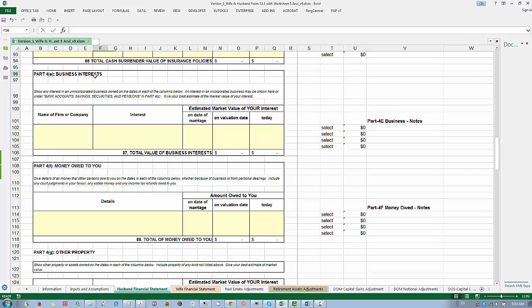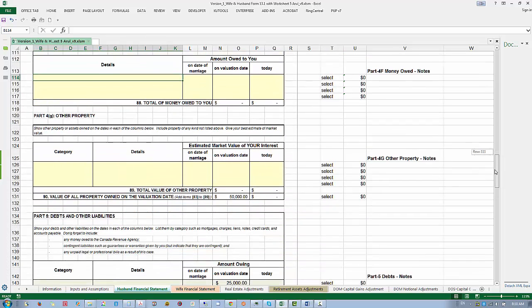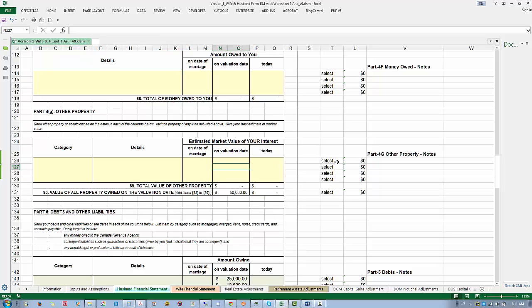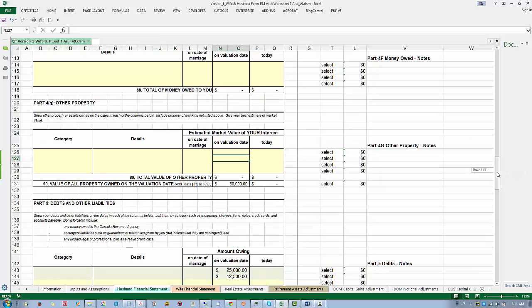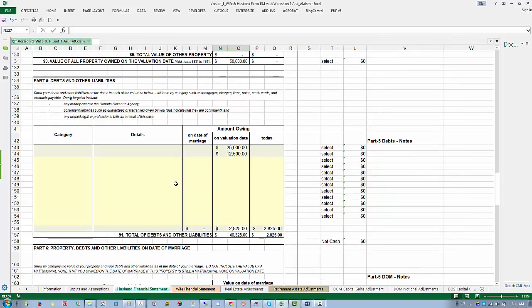Here are where the business interests go. Here is where the money owed to you goes, and this is where some of the other property is recorded. And down here is where the debts get recorded. So debts and other liabilities. So this can be your car loan, the mortgage, Visa statements, lines of credit.